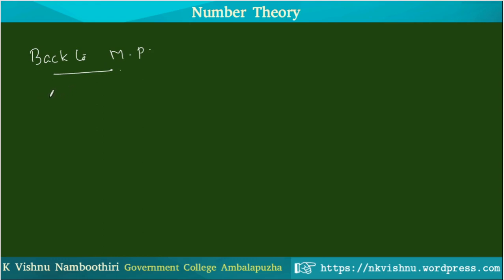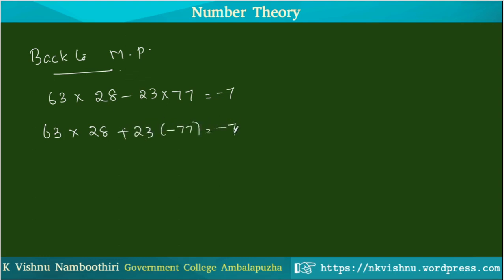There we got 63 into 28 minus 23 into 77 equal to minus 7. So to solve it, we need to get a and b to be positive. Therefore 63 into 28 plus 23 into minus 77 equal to minus 7. This is our x naught, this is our y naught.